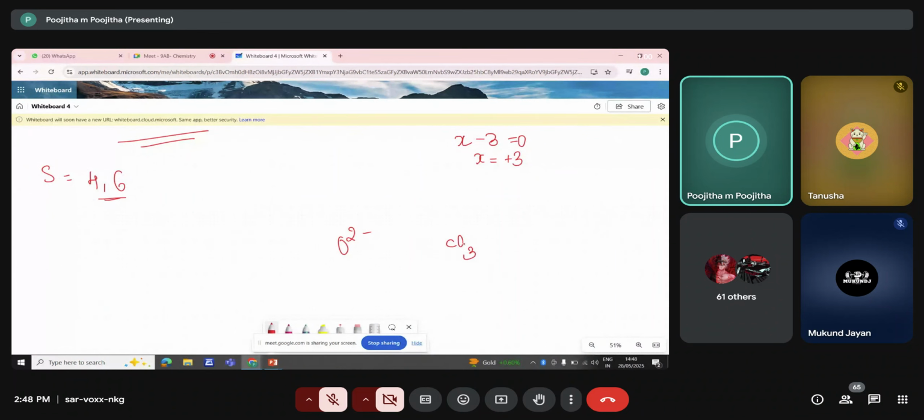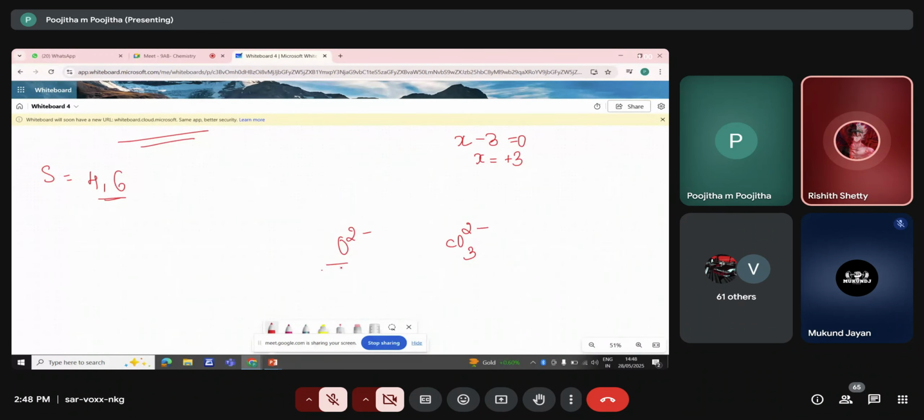Already you answered now. O2 minus is an ion, CO3 2 minus is a radical. Radicals are a group of atoms which act as one unit, but an ion is just one unit. A group of atoms which behave like a single unit and show some valency are called radicals. But in certain textbooks, even for radicals, generally they give ion.